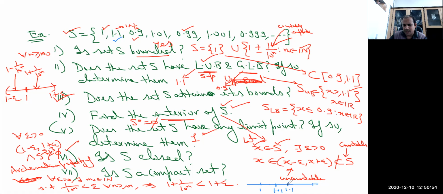If we measure the distance of this 1.1 to the nearest element and take epsilon of this radius, then one can see that except 1.1, no member of this set is common with this neighborhood. This is the reason why 1.1 is not its limit point.